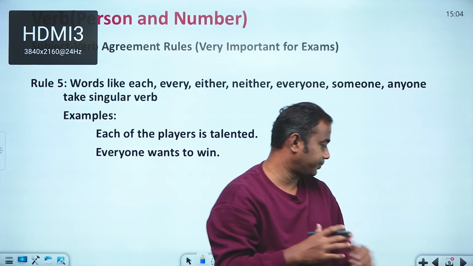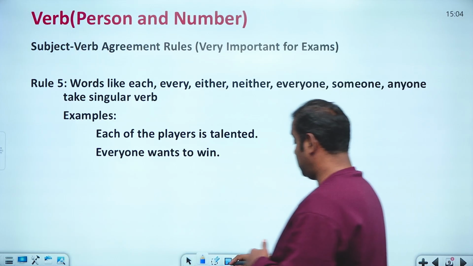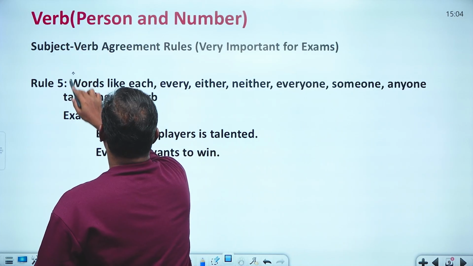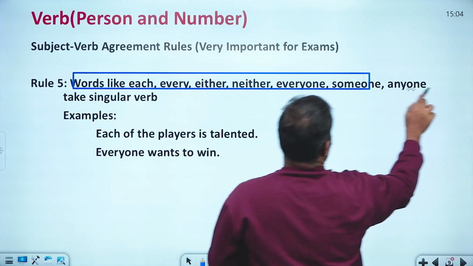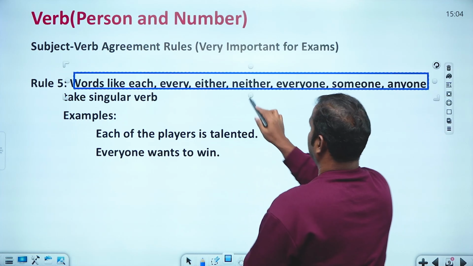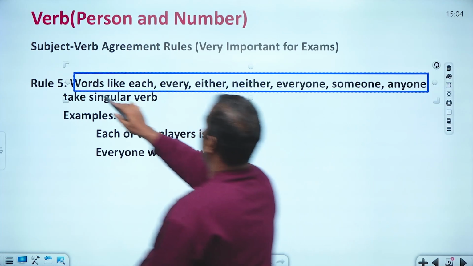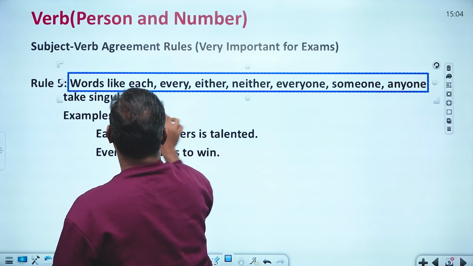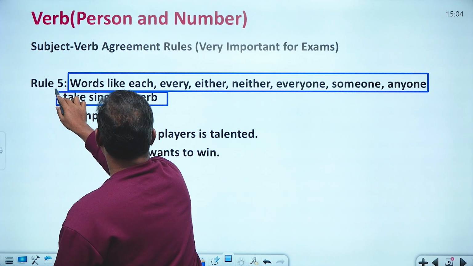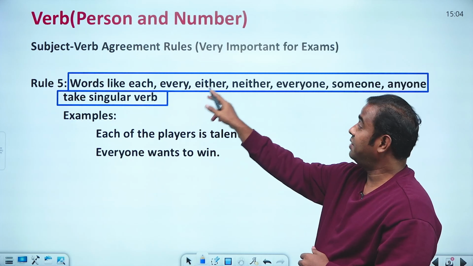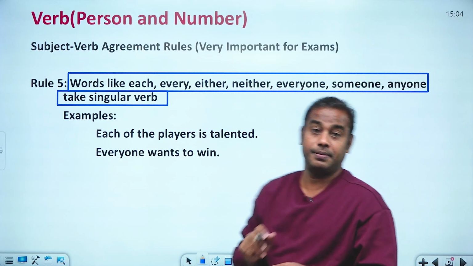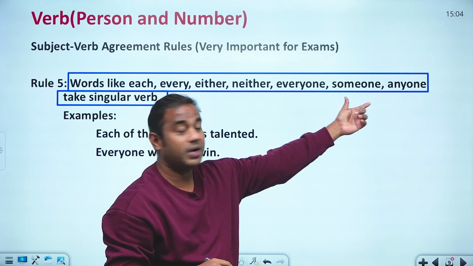Then the next one is words like each, every, either, neither, everyone, someone, anyone.